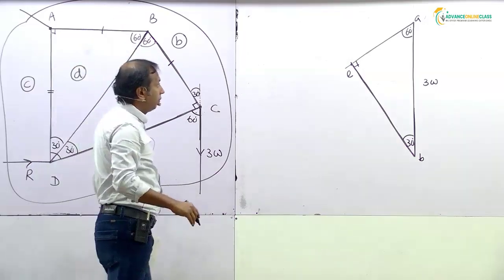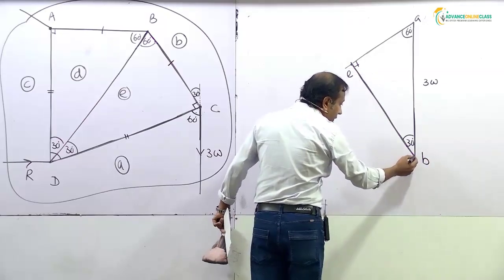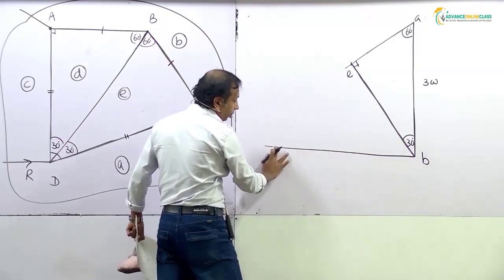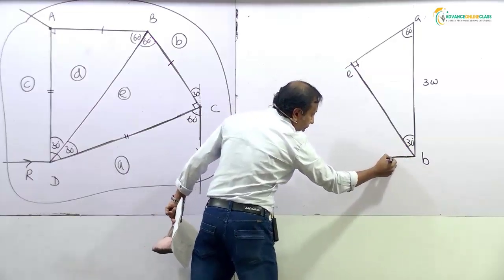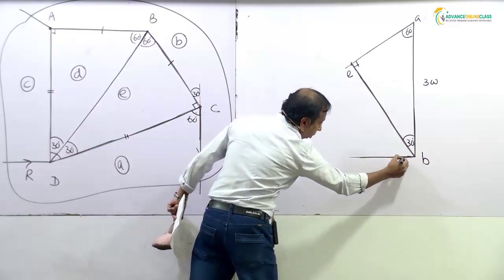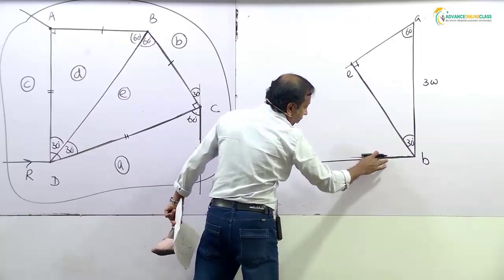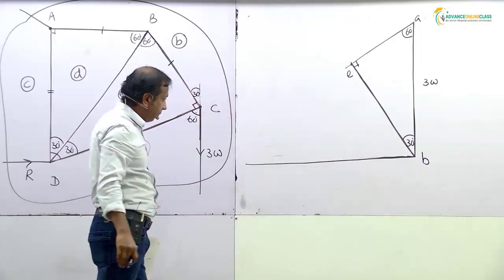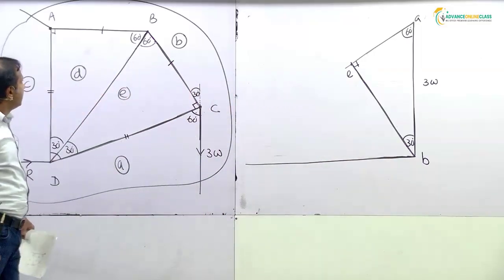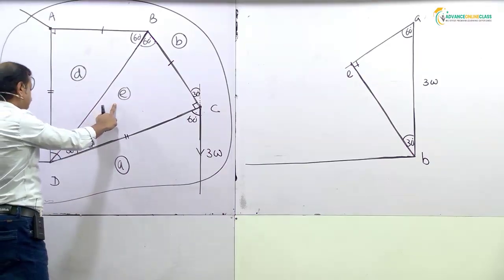What is this? BD horizontal. BD horizontal like this, no? BD horizontal. Somewhere on this line, D should be, right. BD horizontal. DE.